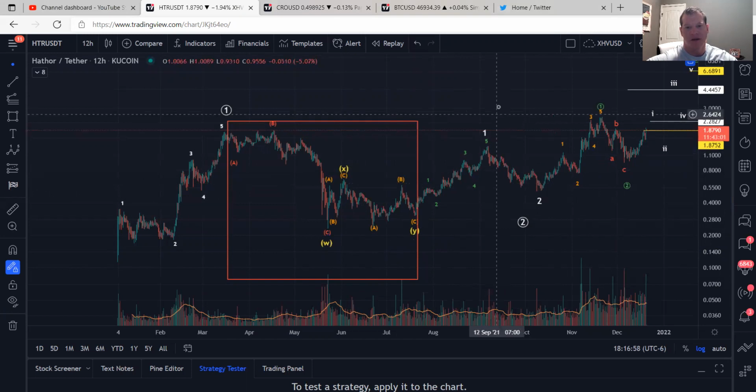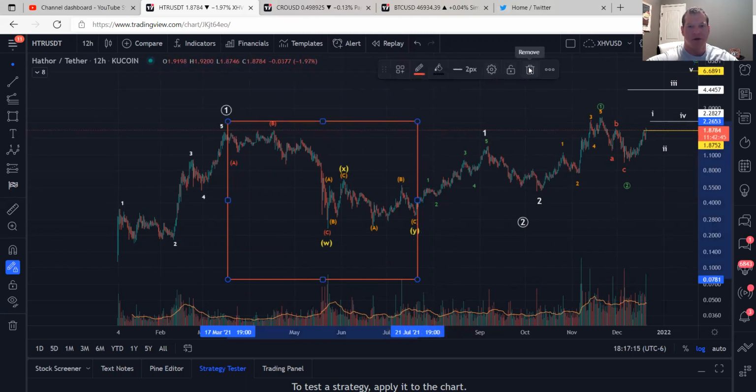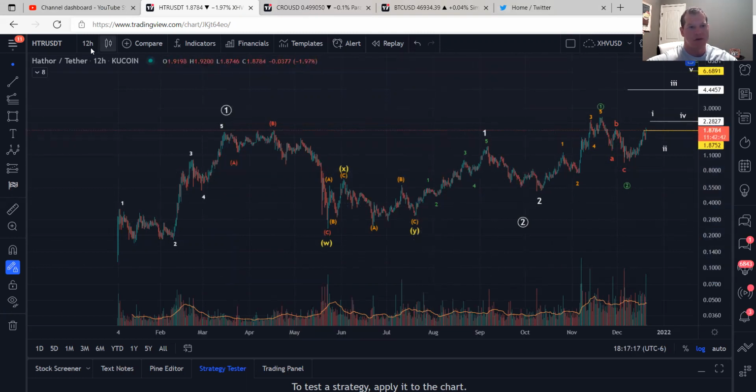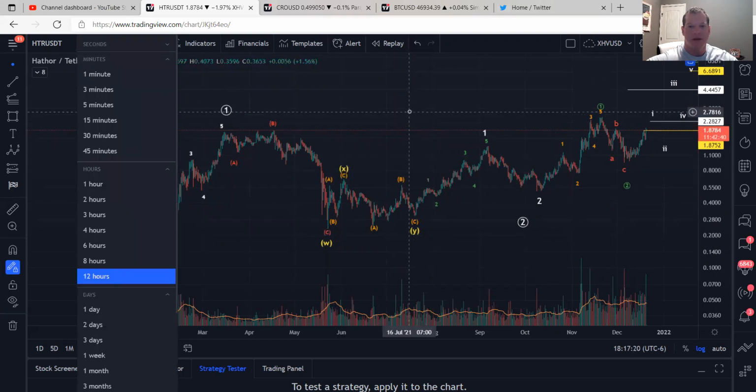A 1, 2, 1, 2 setup would be indicative of a wave 3 extension. So there are two different scenarios, but again, neither of them really affects what I'm going to be getting into. So let's hop in on a micro level.